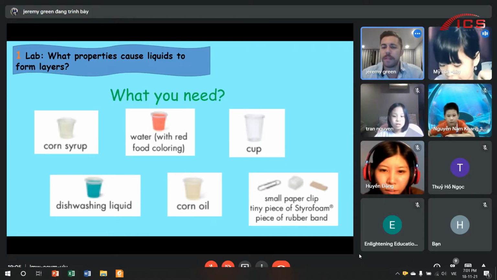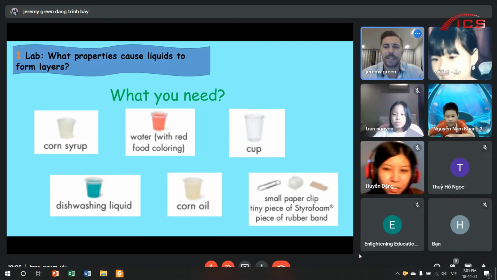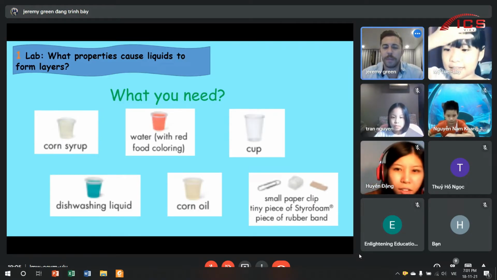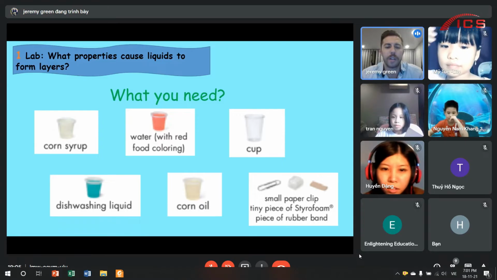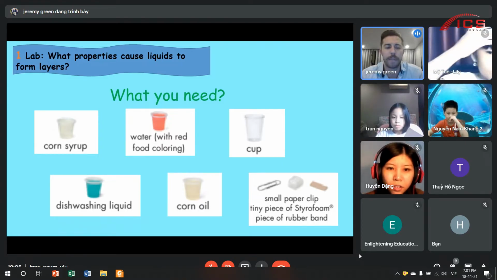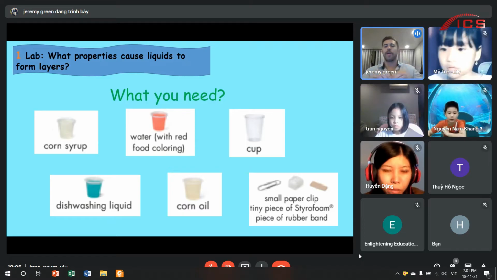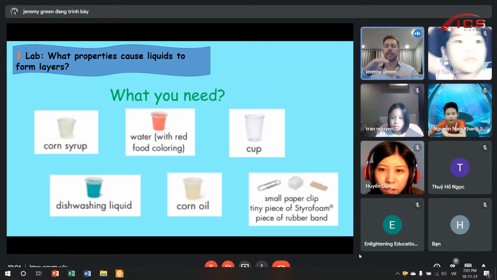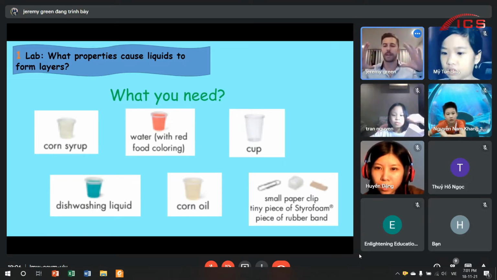No. Sadly, we can't do it in the classroom, but I'm sure they will explain the experiment. Many of these things here, corn oil, corn syrup, dishwashing liquid, and water, some of them are denser than others, so they're heavier, so they form layers when they're all together, okay?